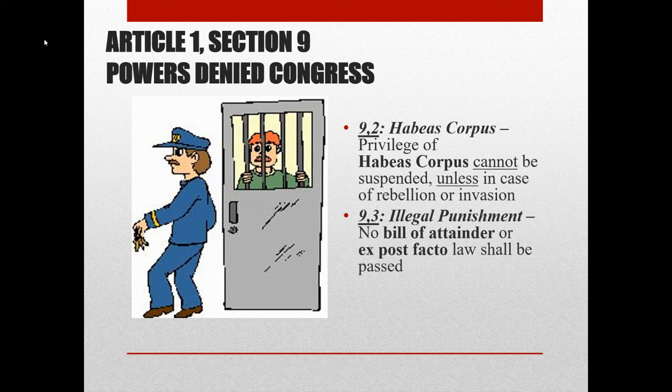There have been a couple of times this has happened in U.S. history. The first and probably most controversial was by President Abraham Lincoln during the American Civil War. He had thousands, roughly around 13,000, jailed, and he suspended the writ of habeas corpus.